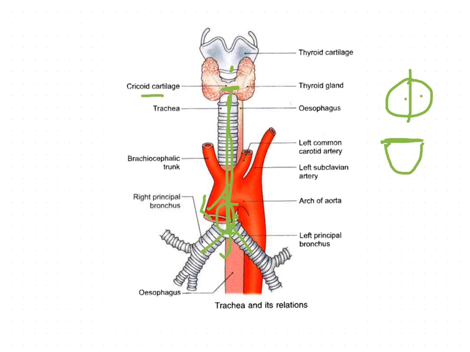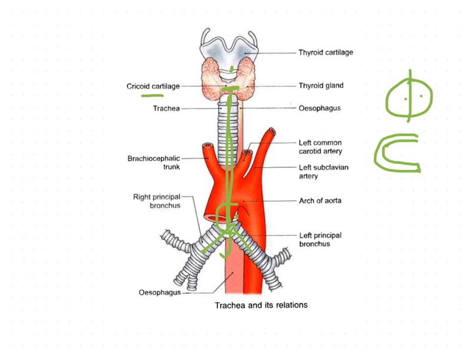Now coming to the structure, the trachea has a fibroelastic wall supported by a cartilaginous skeleton formed by C-shaped rings. So like this, C-shaped rings. The rings are about 16 to 20 in number and make the tube convex anterolaterally.